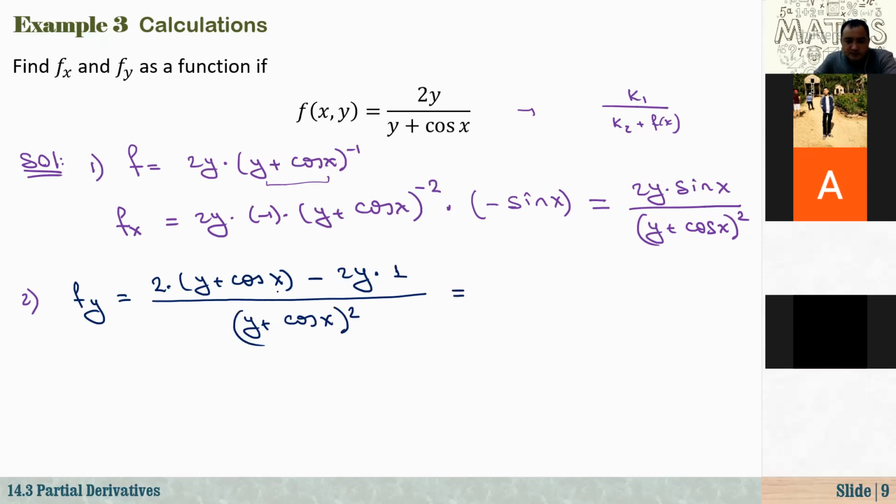So if you simplify this, 2y, they cancel each other. So that's equal to 2 times cosine of x over y plus cosine of x, squared.